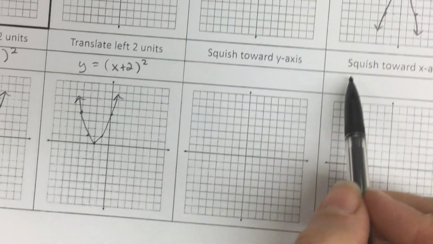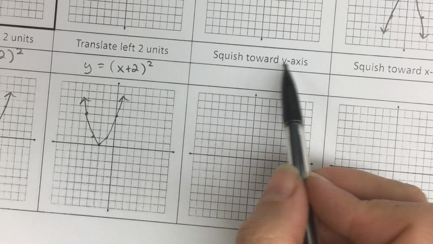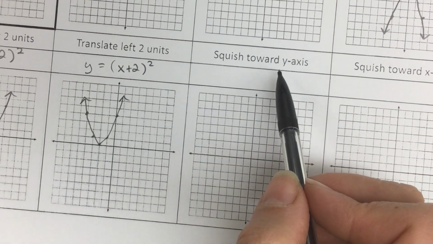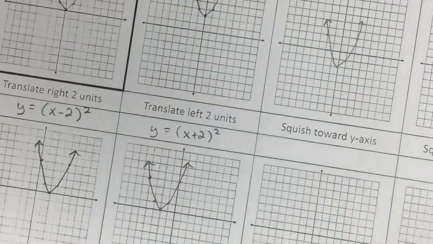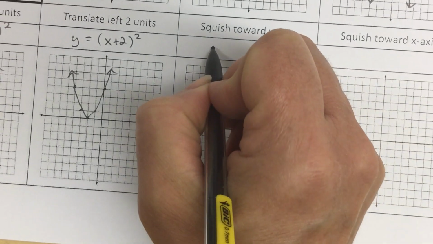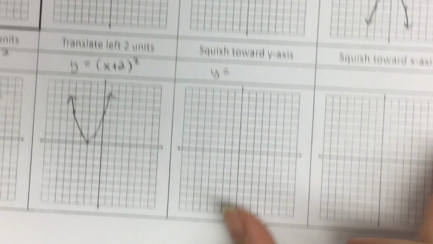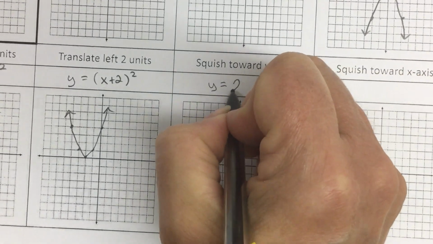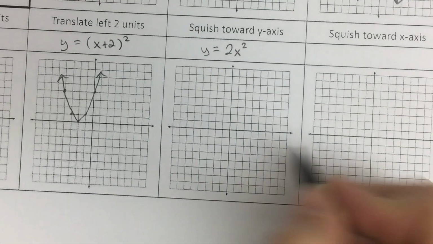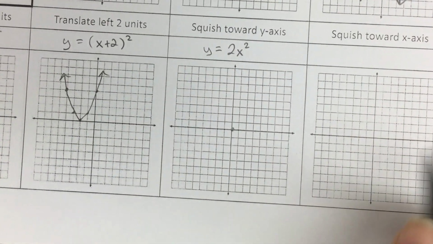Now this is new, this was not in your packet. If we're going to squish it toward the y-axis, we're going to multiply it by a number. Like all of these have been 1x squared, so we need a number. For instance, anything bigger than 1 is going to make it more narrow. It's going to squish it toward the y-axis. So let's say we have 2x squared. Well, that's going to go through 0, 0.